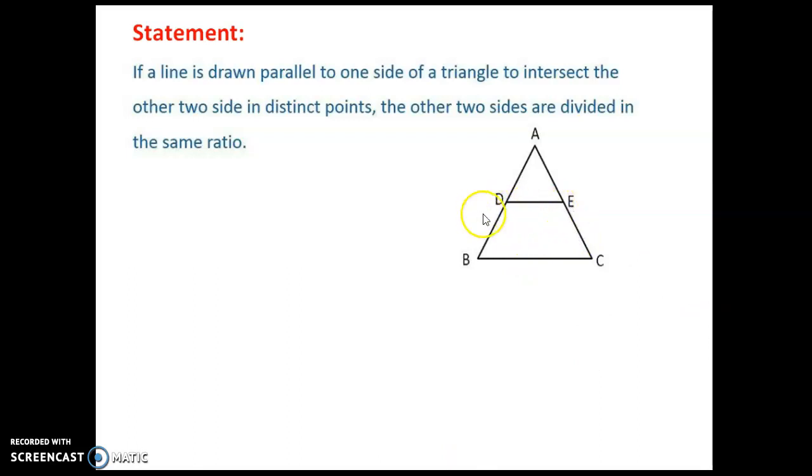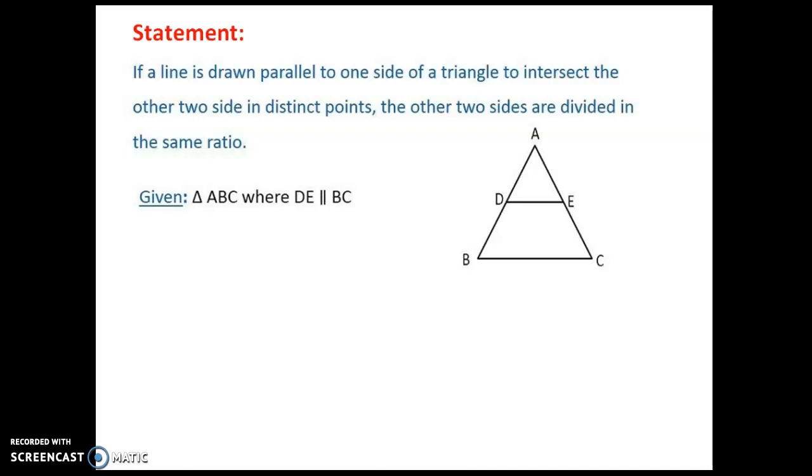So DE is a parallel line to BC, and this DE intersects the other two sides at two distinct points, that is D and E. This is how we can understand. In your textbook the diagram will be a little different, but anyway we can prove this theorem. Given a triangle where DE is parallel to BC.